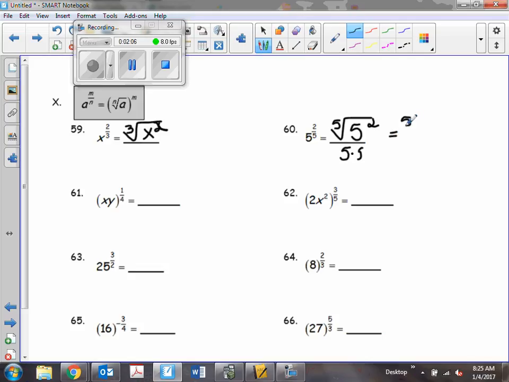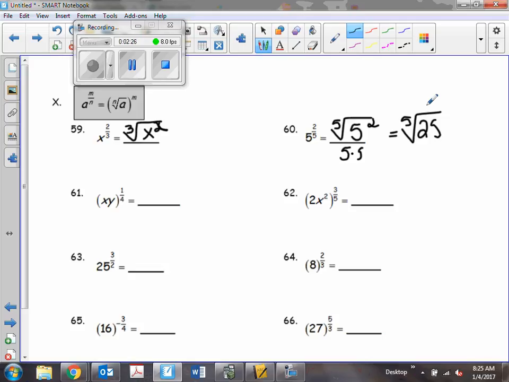There is no fifth root to 25 because that's saying I need groups of 5. So I can just rewrite it by multiplying out the 5 times 5. On number 60, my answer would be the fifth root of 25.